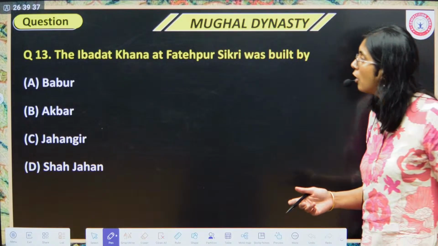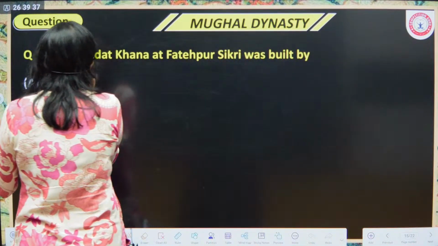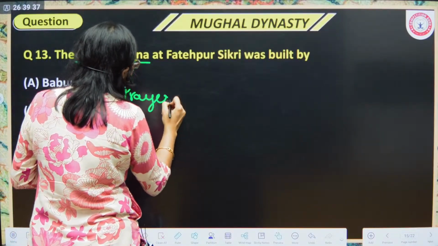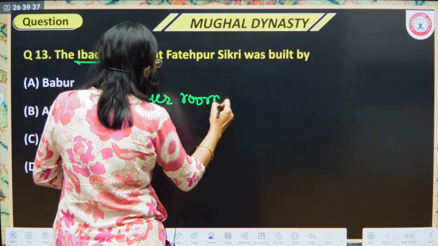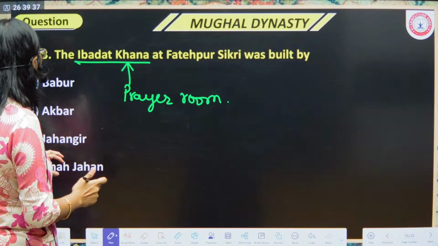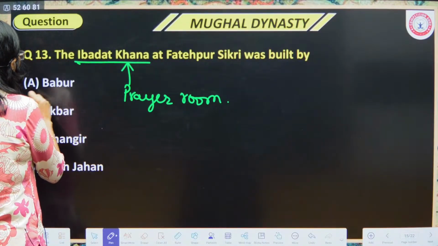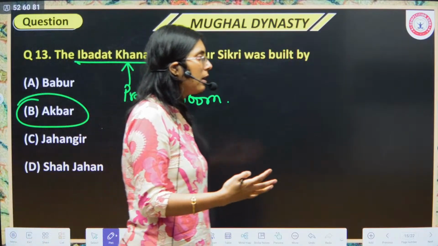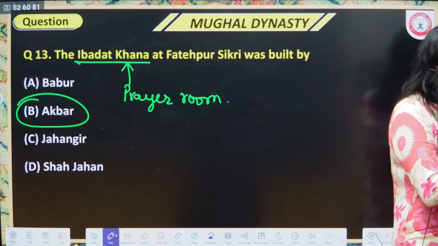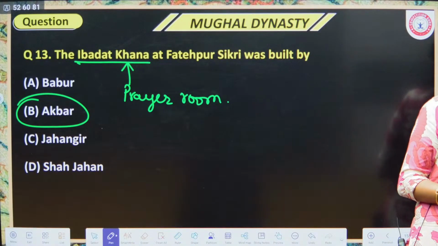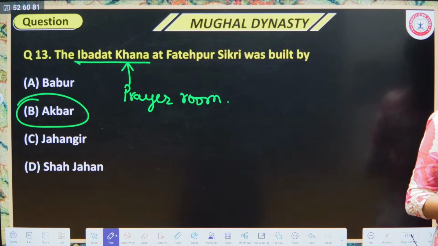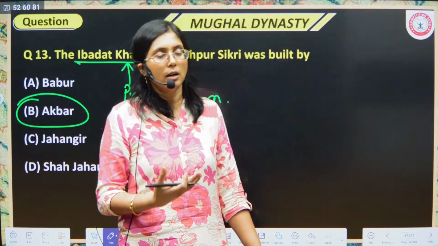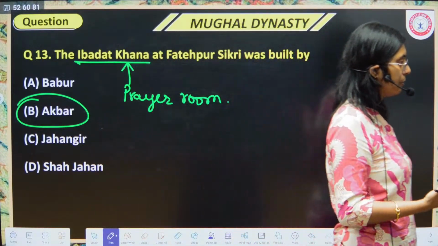What is the meaning of Ibadat Khana? Ibadat Khana meaning prayer room. Yes, it was constructed by Akbar in Fatehpur Sikri for prayer in both the religions, because he married many Hindu girls or Hindu women.